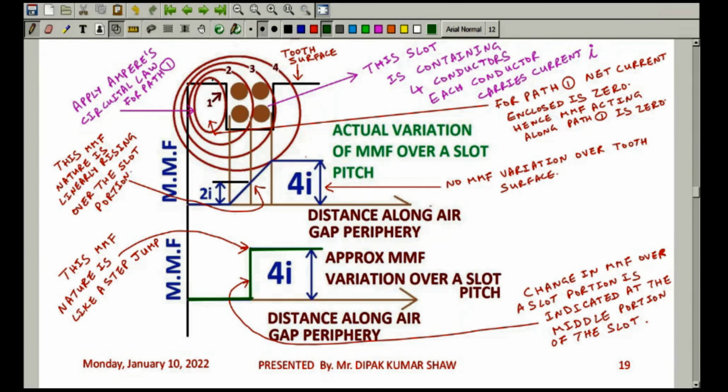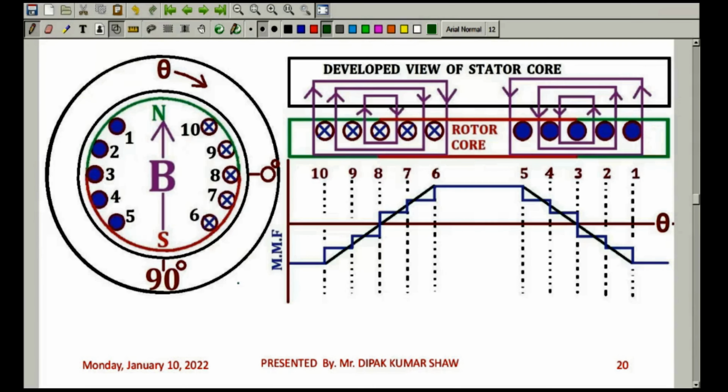Now based on this idea, if you want to plot the variation of M.M.F over the rotor surface, this is the actual variation of M.M.F over the rotor surface. It is a trapezoidal variation.